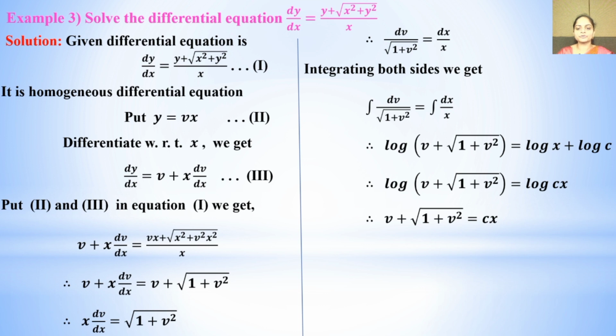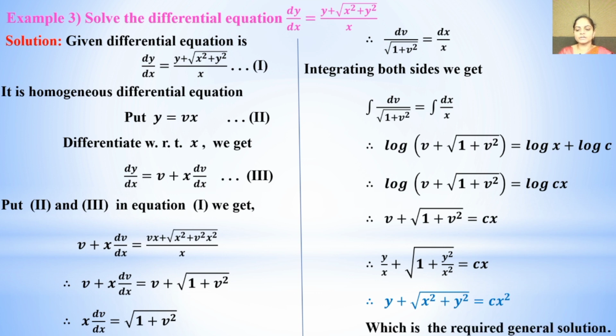Now we resubstitute the value of v, which is y upon x, in this equation. Then the equation becomes y upon x plus root of 1 plus y square divided by x square is equal to cx. On solving, we get y plus root of x square plus y square is equal to cx square. This is our required general solution.